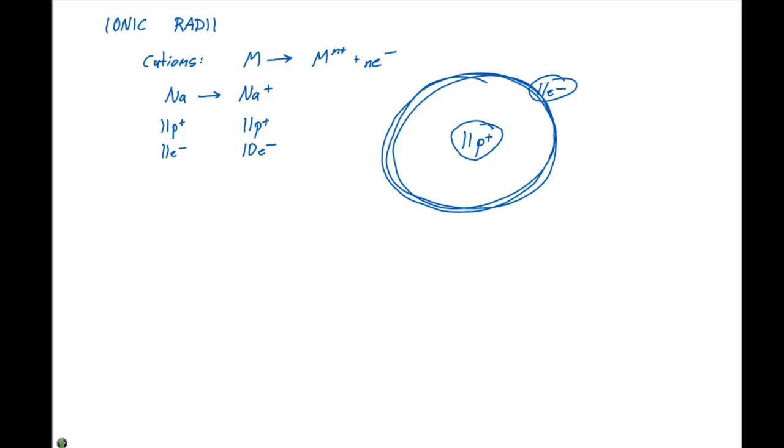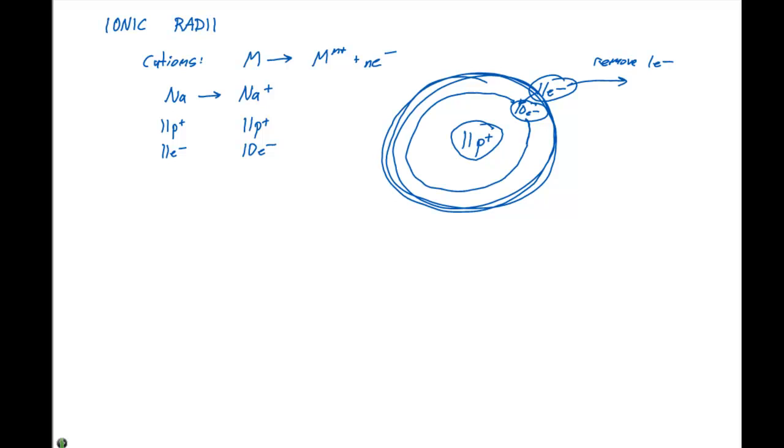So we're going to have 11 protons and 10 electrons. So what happens when we have one of these electrons removed? What we have left is a scenario where there's 10 electrons. This is kind of like a tug of war, and the protons are going to pull the electrons closer to them.